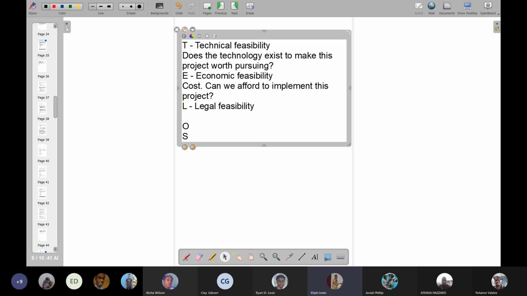If the piece of software meets, if it's legal to be done in whatever country or meets whatever laws. Exactly, right?